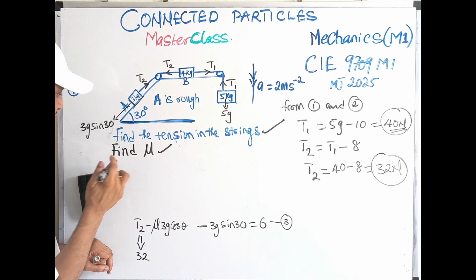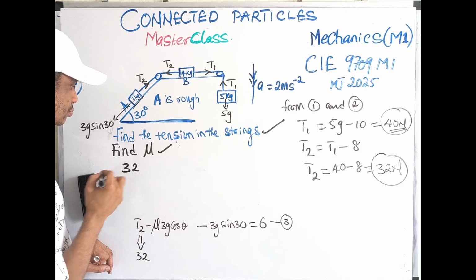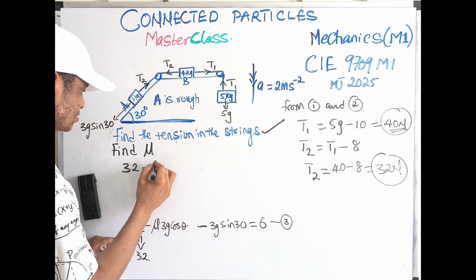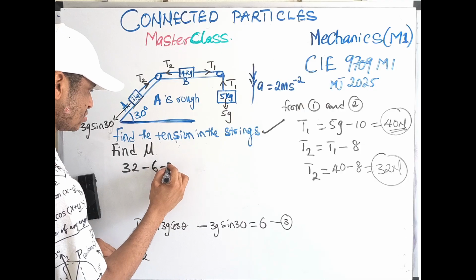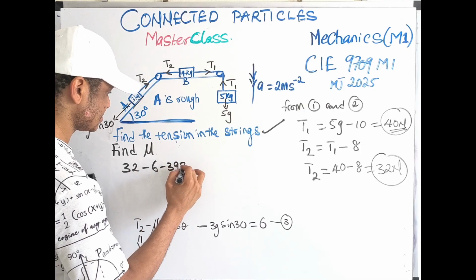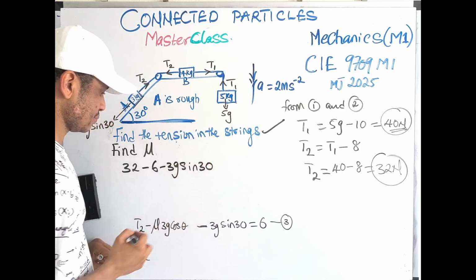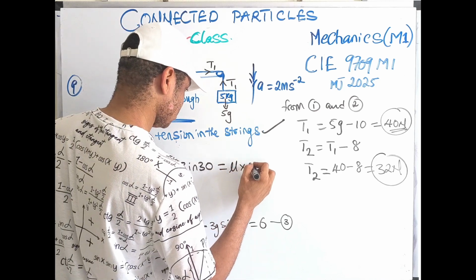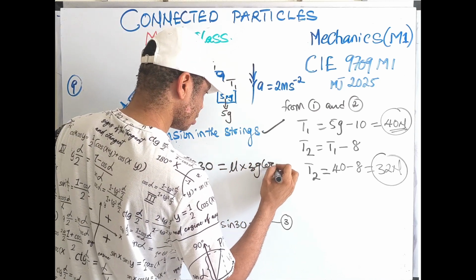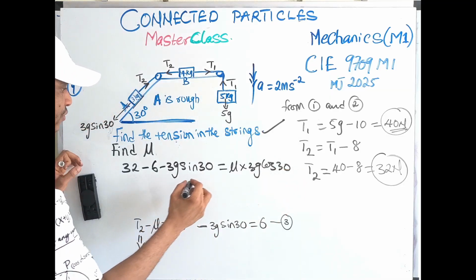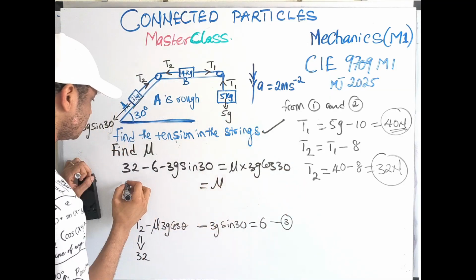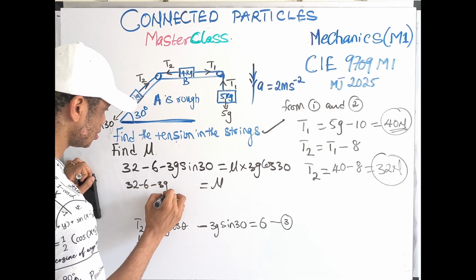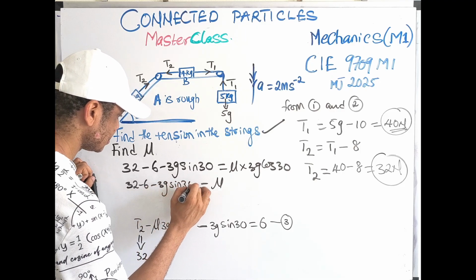So that will be 32 minus 6 minus 3G sine 30 is equal to mu times 3G cos 30. So my mu will be 32 minus 6 minus 3G sine 30 over 3G cos 30.